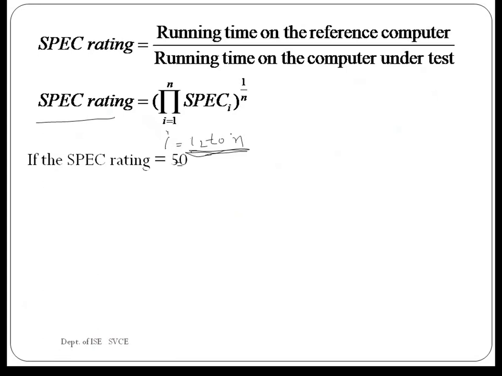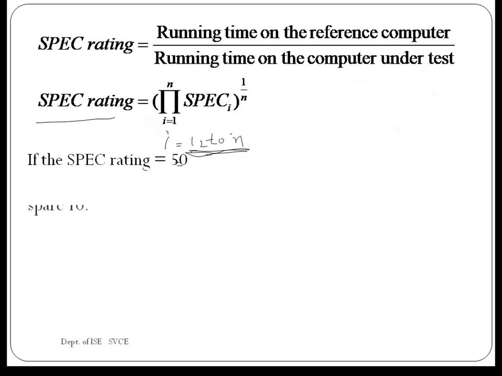So here we'll take one example: if SPEC rating is equal to 50, what is the meaning of this? Here the SPEC rating of 50 means the computer under test is 50 times as fast as the UltraSPARC 10 for this particular benchmark.